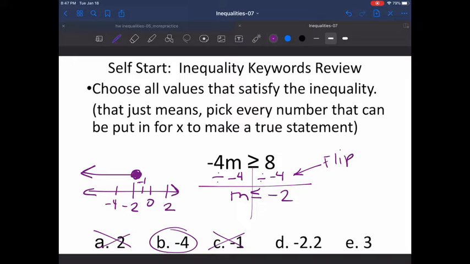D, -2.2. Now, where does -2.2 fall on this number line? Well, somewhere right about there. So it is part of our solution set. It's less than -2, so it does fall in. And E is +3, that'd be out here. That one is not part of our solution.